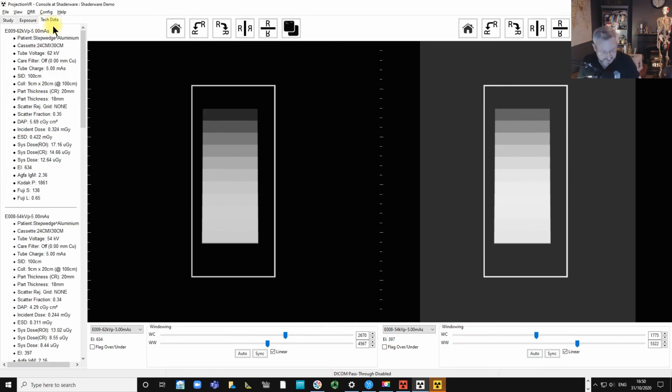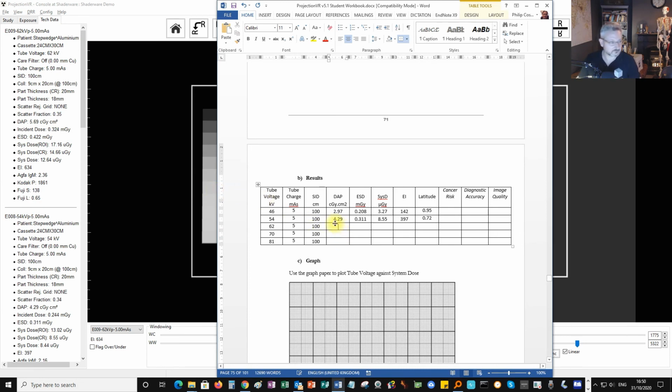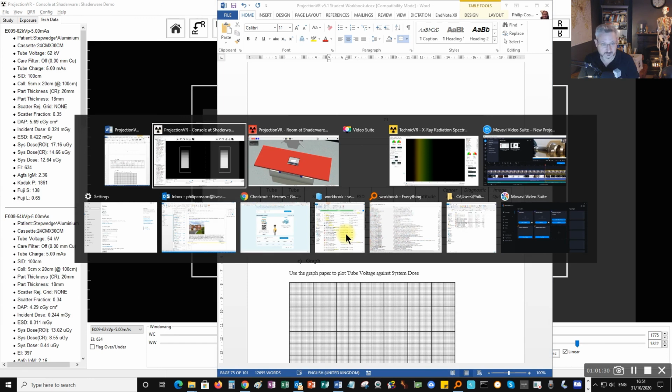The tech data is giving me 5.69 as the DAP. The entrance surface dose is 0.422. The system dose is 14.66. And the EI has gone up to 634. Latitude is now 0.65. Okay.